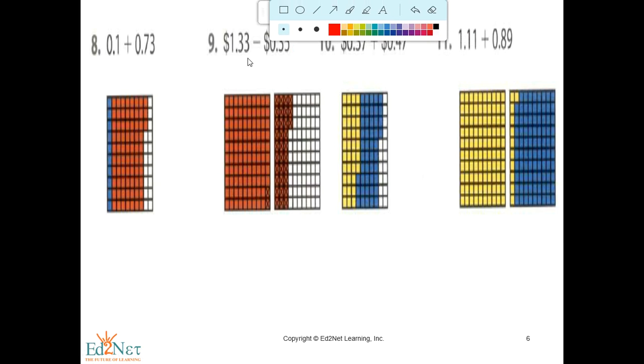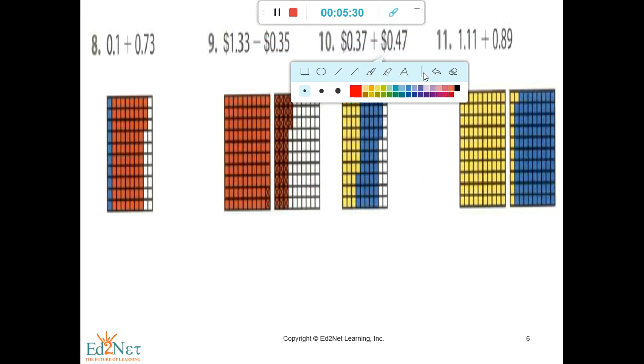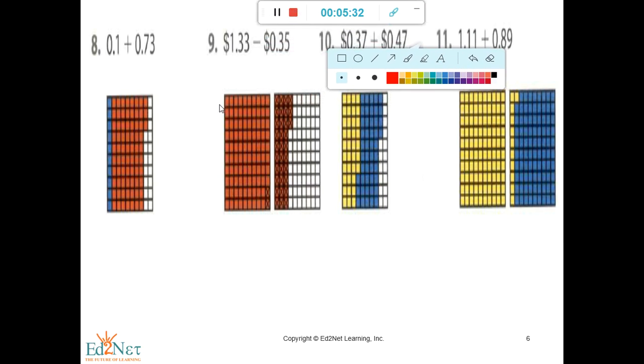Here, in this case, 1.33 minus 0.35. First of all, in subtraction, I bring two grids because we have one whole, which is 100 hundredths, and 33. So I shade 33 in the second hundredths grid. Now, because it's minus, I start to cross out the subtracted amount.